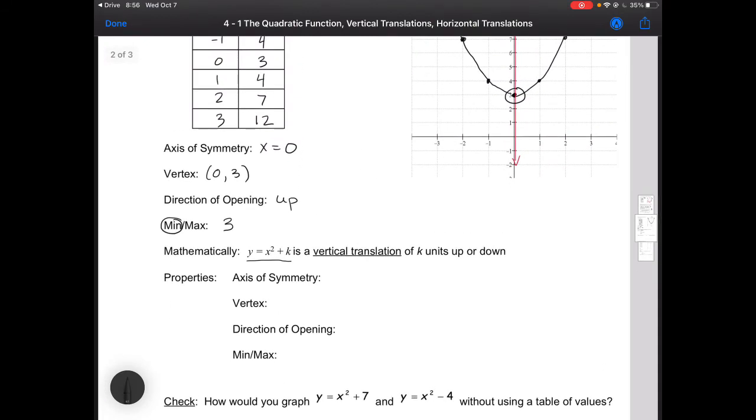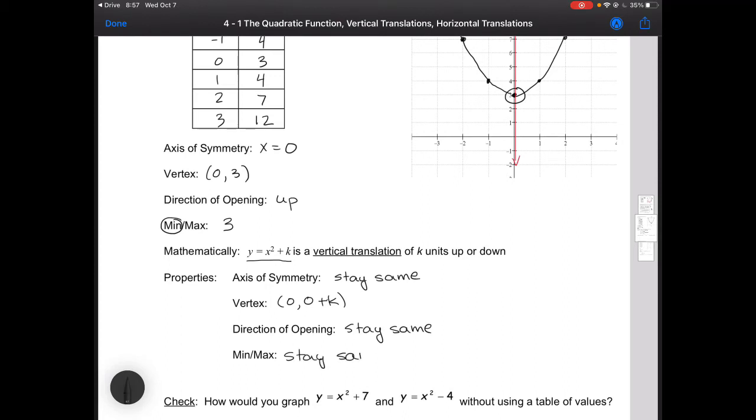So we've got the axis of symmetry is going to stay the same in a vertical transformation. The vertex is going to be 0 and 0 plus k. Your direction of opening is going to stay the same. And then your minimum and maximum is going to stay the same.